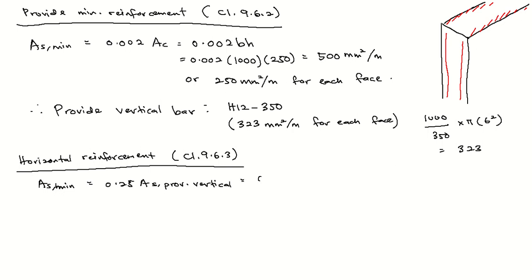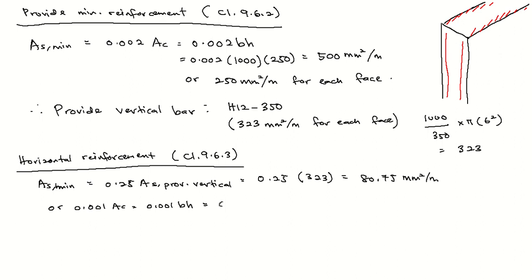This is equal to 0.25 times 323. This is equal to 80.75 mm square per meter for each face. Or 0.01 AC, so AC is B times H, the area of concrete.